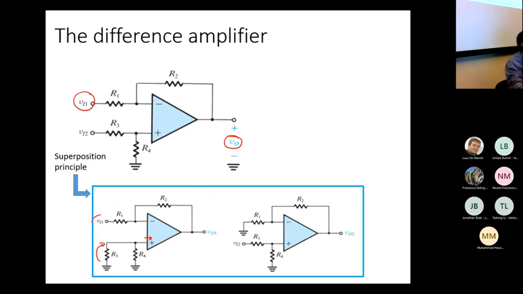So V1 is processed with the transfer function of the inverting configuration, because here it's like having ground voltage. When the input is voltage number 2 and voltage number 1 is grounded, then we have a voltage divider effect between R3 and R4. And from this point on, the configuration coincides with that of the non-inverting amplifier.